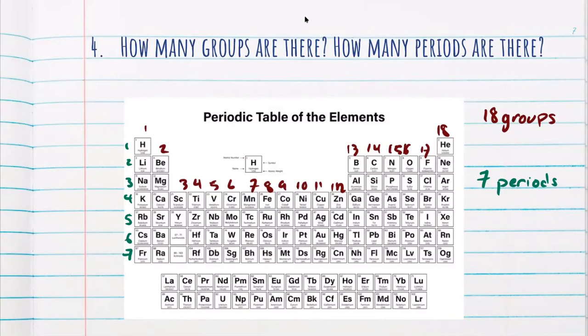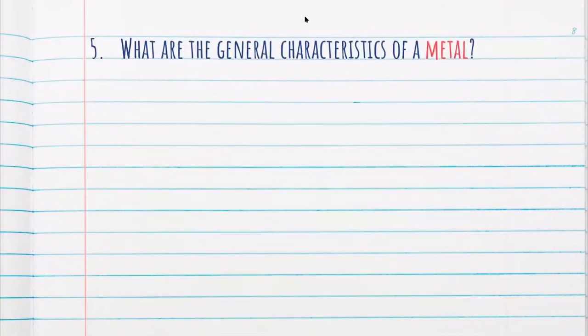Now, we're going to move on to question 5. Question 5 asks, what are the general characteristics of a metal? Well, there's a lot of characteristics, so I'm just going to mention some of the big ones. Most of the metals that we interact with on a daily basis, we know them as shiny. We know them to be malleable.